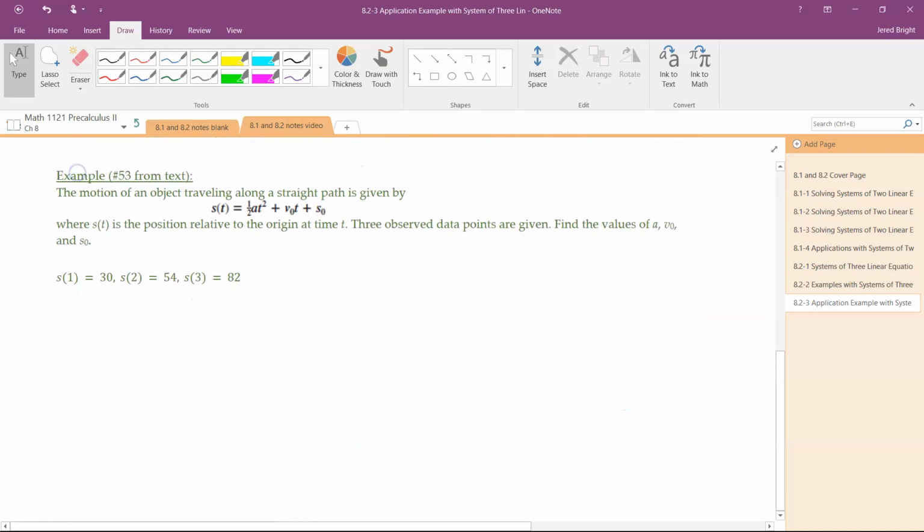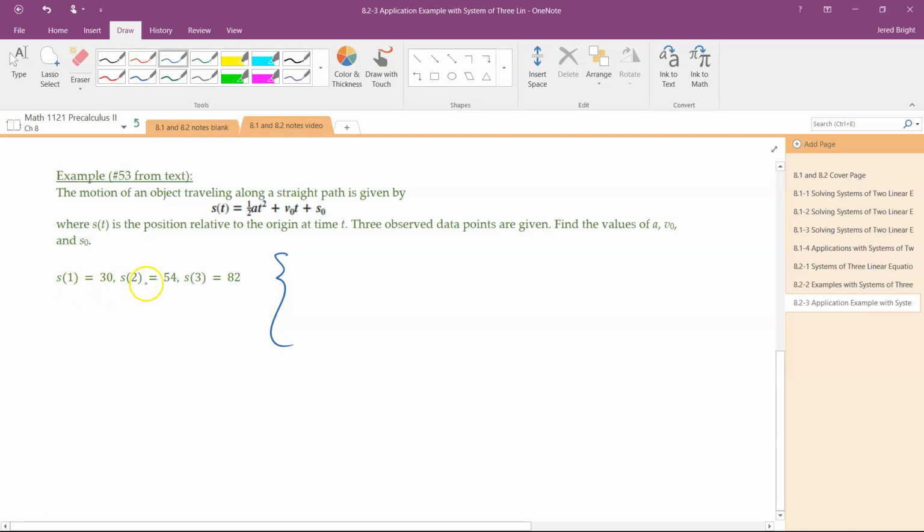Next, another example. This is a modeling example. We want to find this position function, where s of t is position relative to the origin, and we want to find values of a, v naught, and s naught using this information. So I'm just going to take this information, substitute it into the given equation, and each substitution I make should give me an equation.